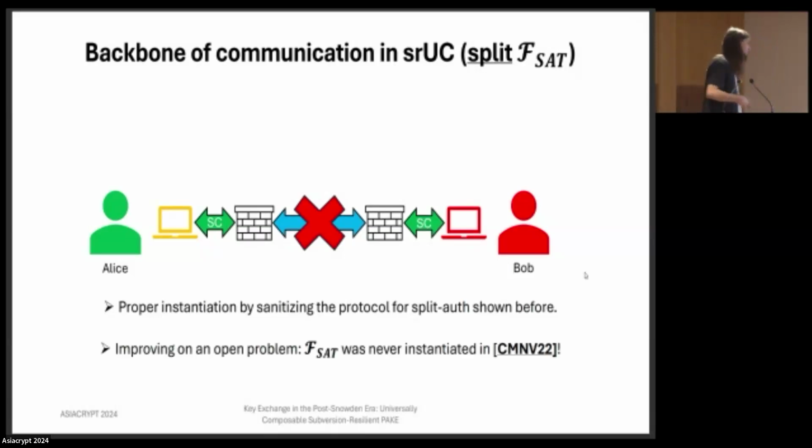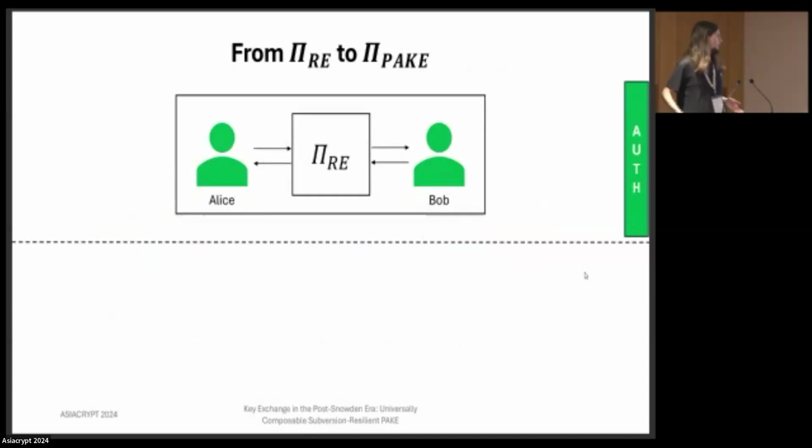In doing that, we also improved on an open problem from the seminal work, given that this F_SAT functionality was never properly instantiated or realized, and only a sketch was given of it. So we shed a bit more light on what the backbone of communication in this framework actually is.